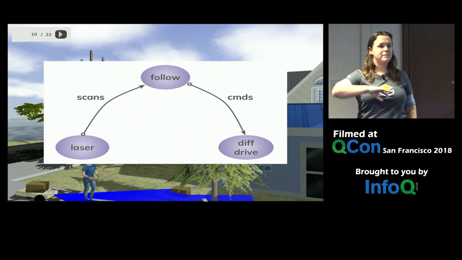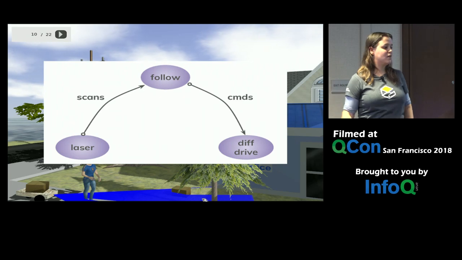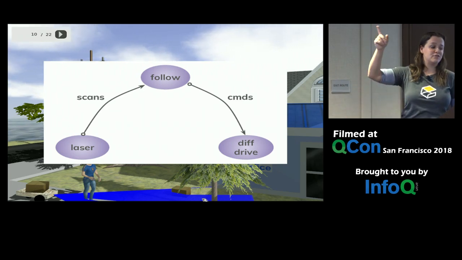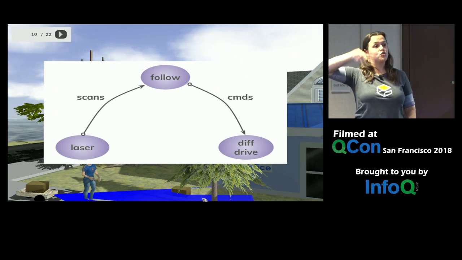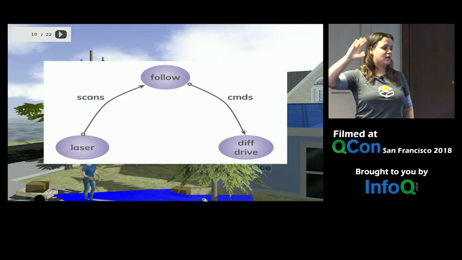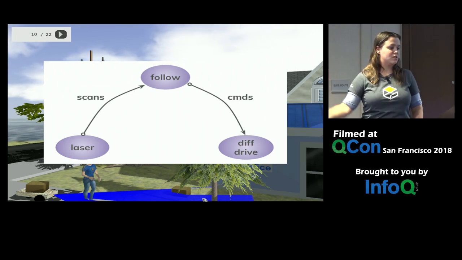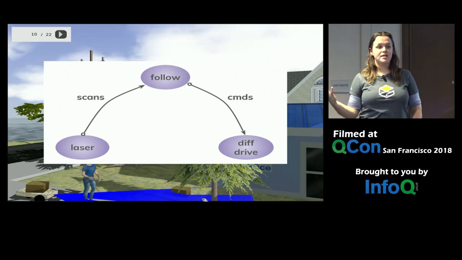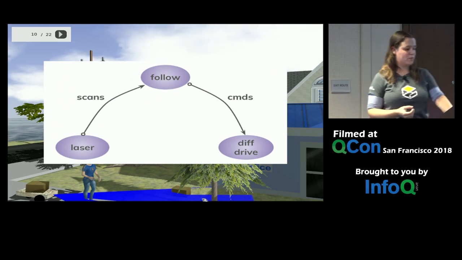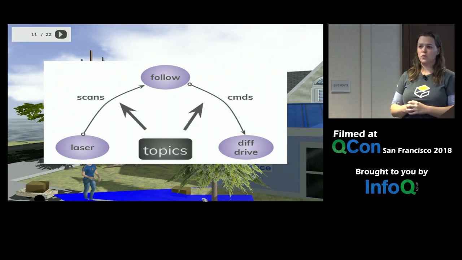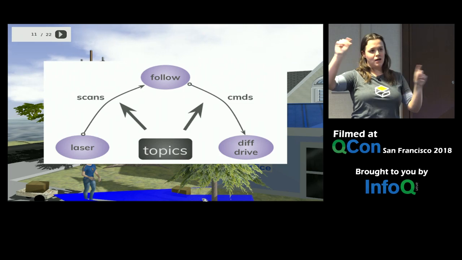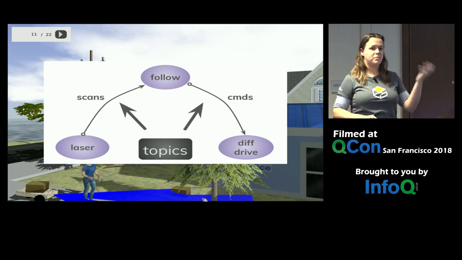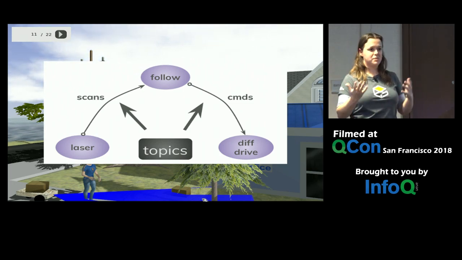So we have mainly 2 pipes of information. One is these laser scans that are flowing from the laser to the follow node. And the other one is the commands going towards the differential drive. And these are what we call topics in ROS. So a topic is basically a channel of information, and you have a publisher and a subscriber. It's a pub-sub mechanism.